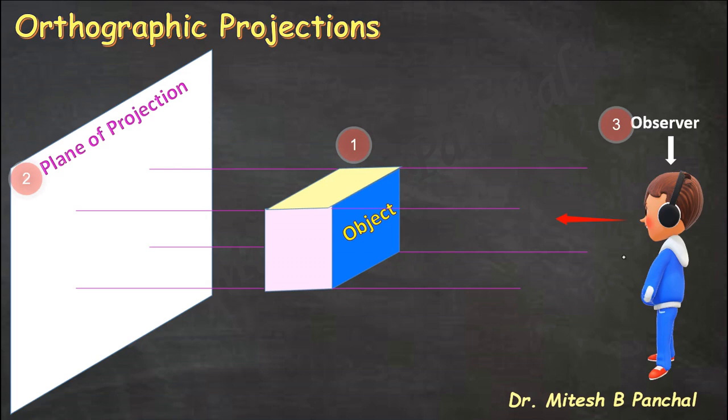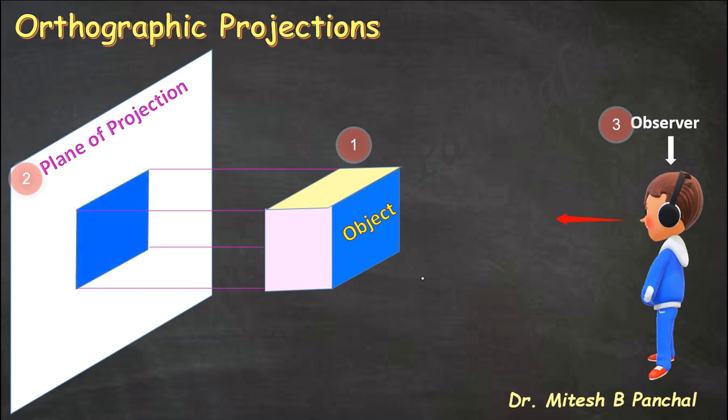So when you are viewing from this particular direction, for this particular object, that is the rectangular block, the observer can view this blue face. So the projection of this object on this plane of projection is this rectangular blue face.